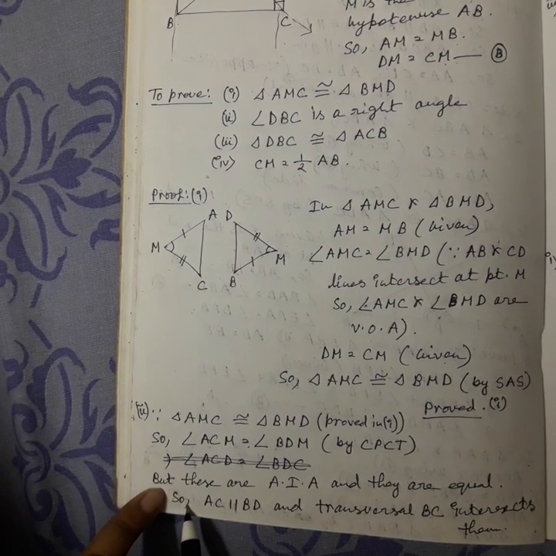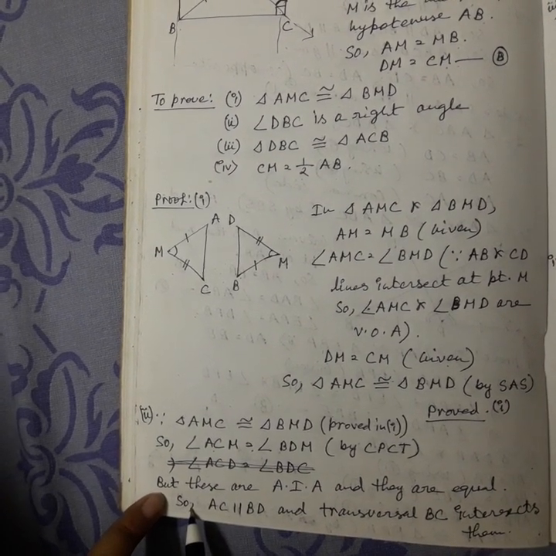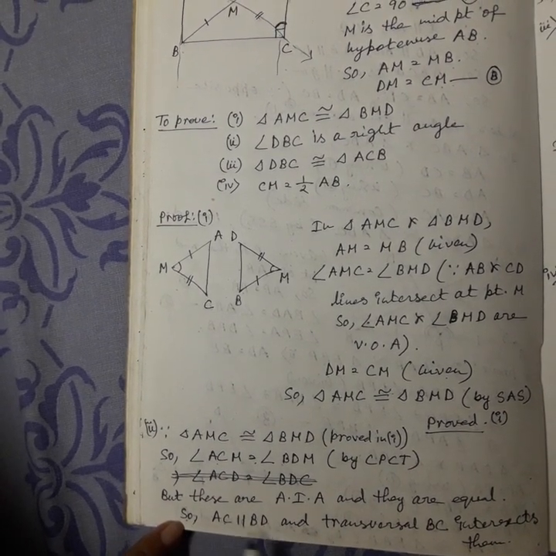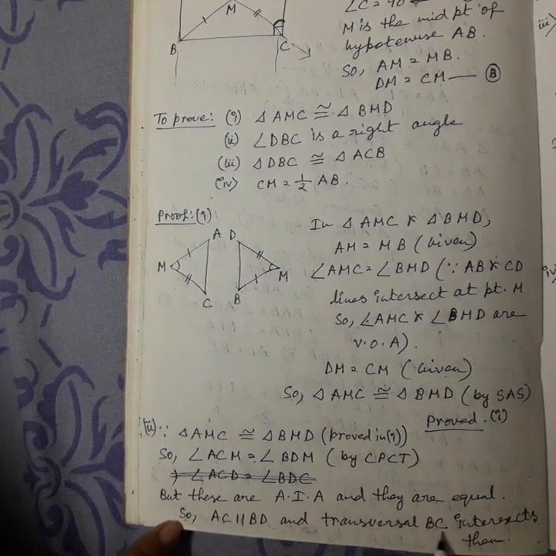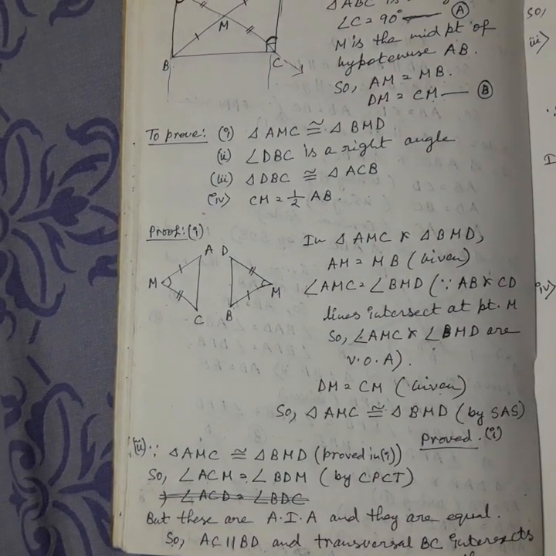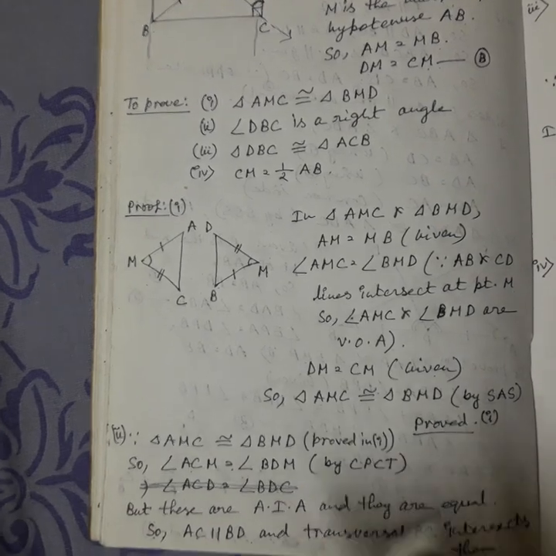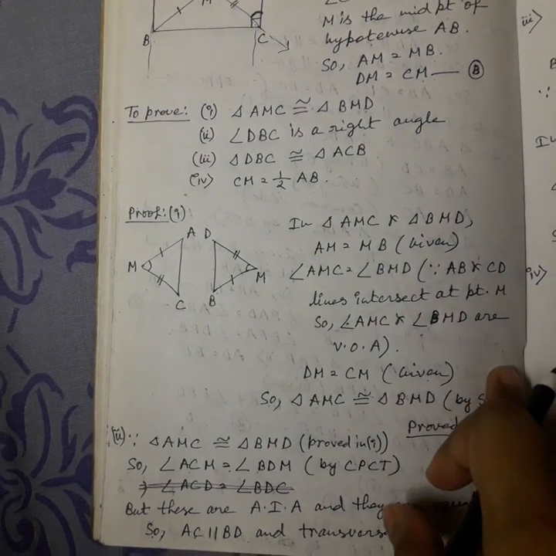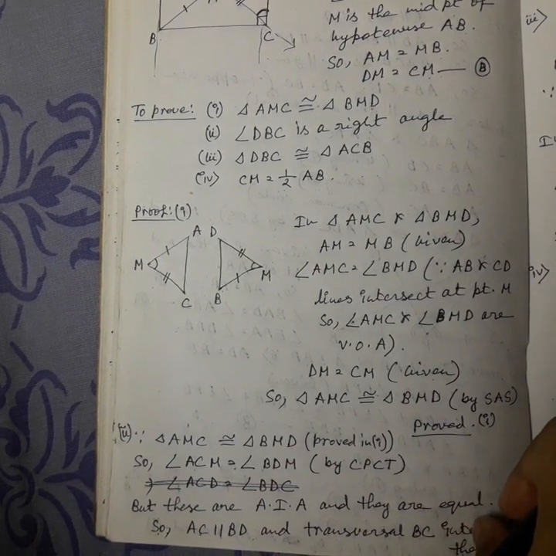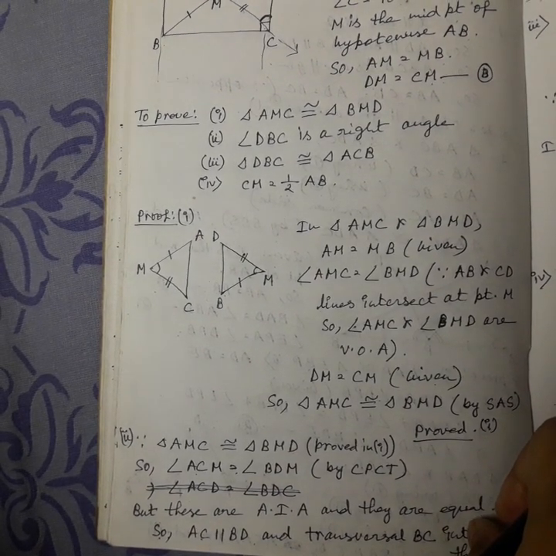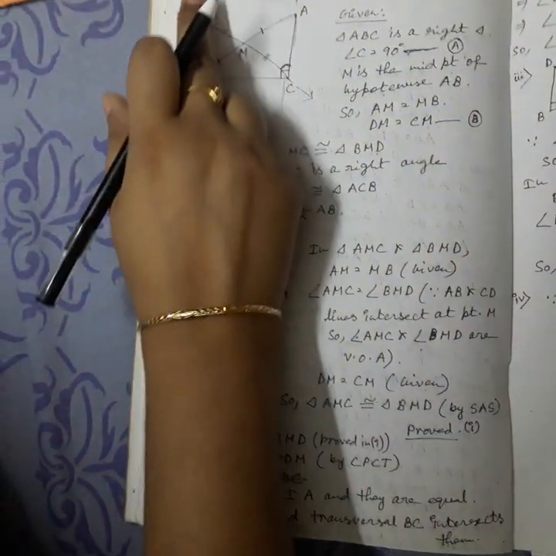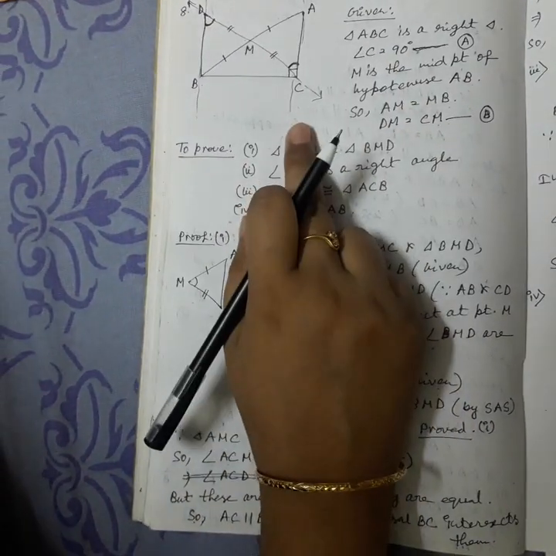So if alternate interior angles are equal, we can say AC is parallel to BD, and transversal BC intersects them. When proving lines parallel, you have to prove that alternate interior angles are equal. If this is equal, you can say the two lines are parallel. So now we have proved that these two lines are parallel.